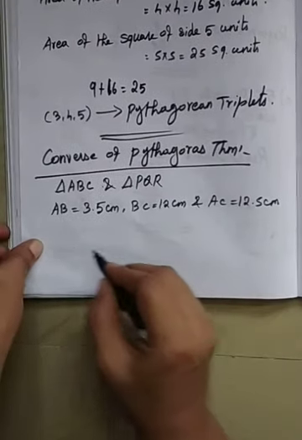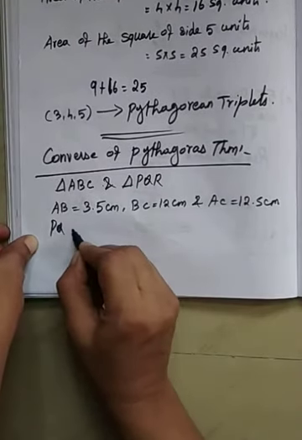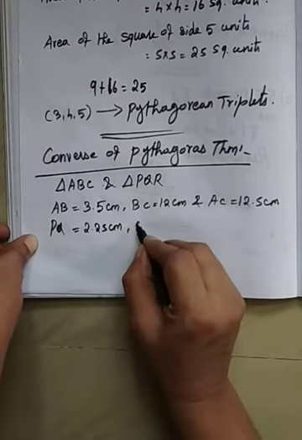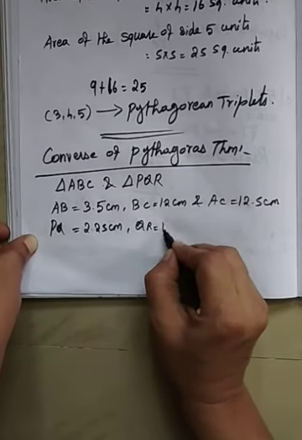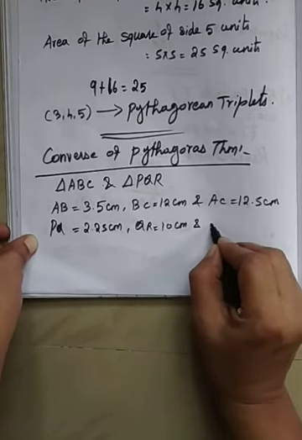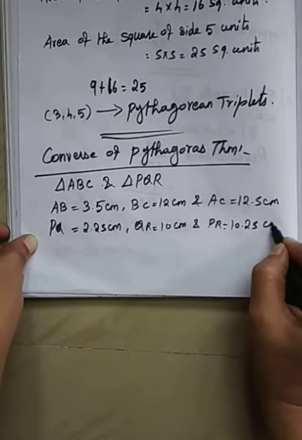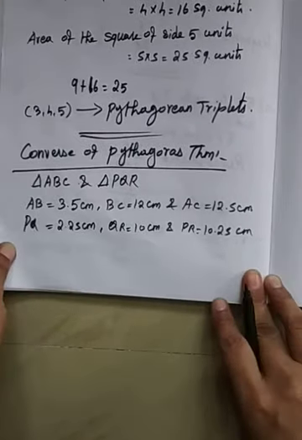Next you have to take PQ equal to 2.25 centimeter, QR equal to 10 centimeter and PR equal to 10.25 centimeter.